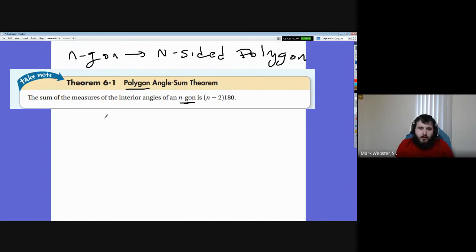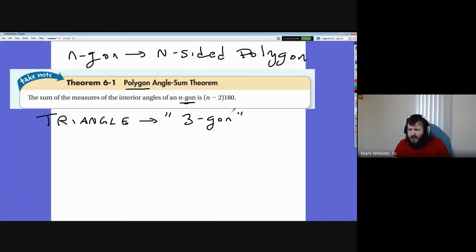So if it was in this idea, like here's some things that we know, like a triangle. A triangle, 3-sided figure, we would refer to this as a 3-gon. I know that sounds dumb, but if we're gonna learn something new, we got to make sure that we can bring it back to the things that we already know.